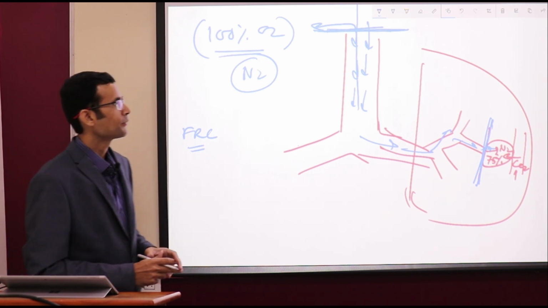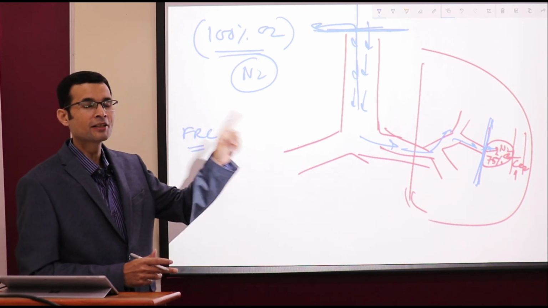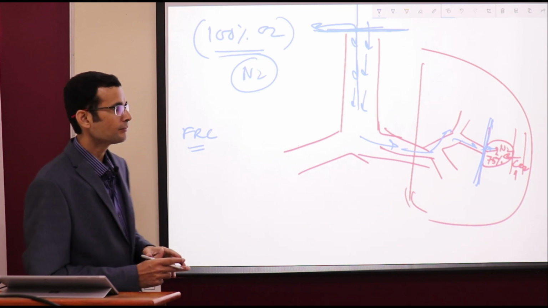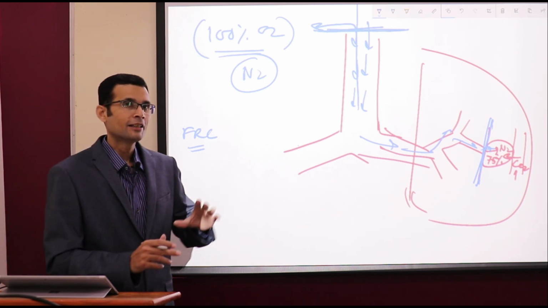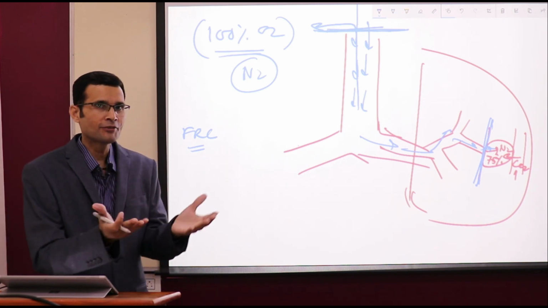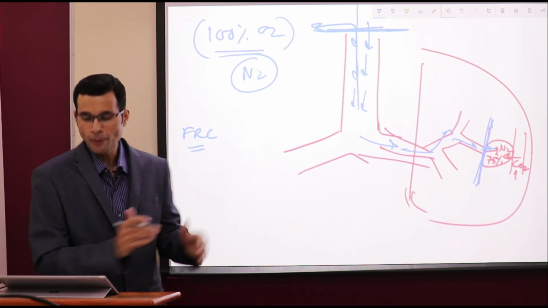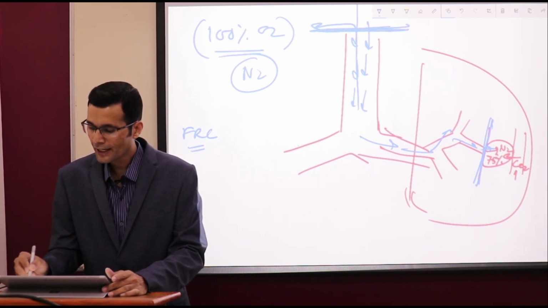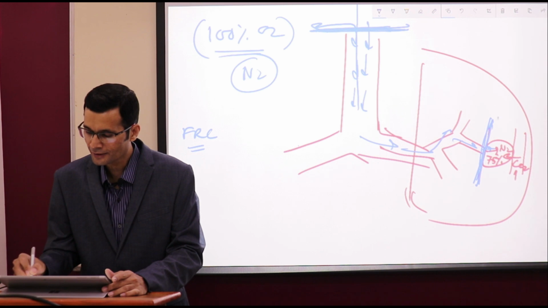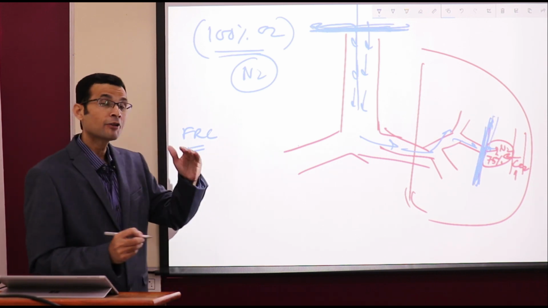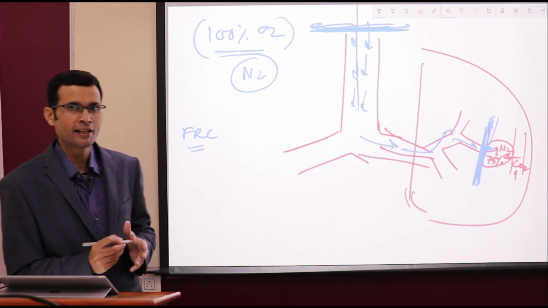Imagine this person had inspired 100% oxygen, and therefore, as we have said, the last part of the inspired air stays in the anatomic dead space, and that will be the first part of the exhaled air.